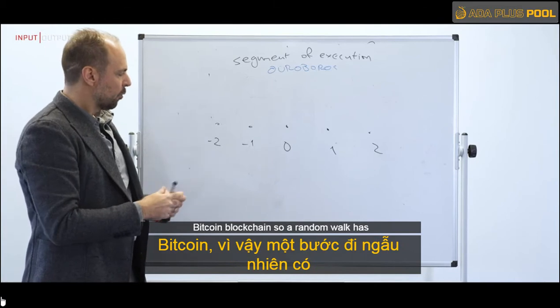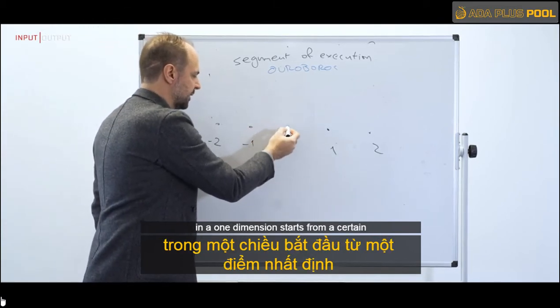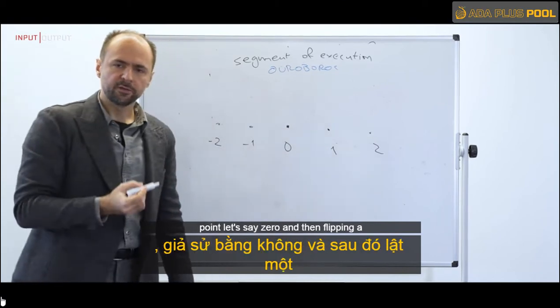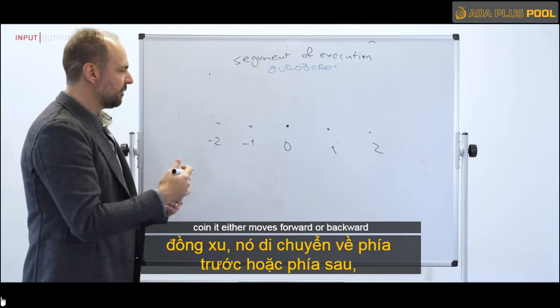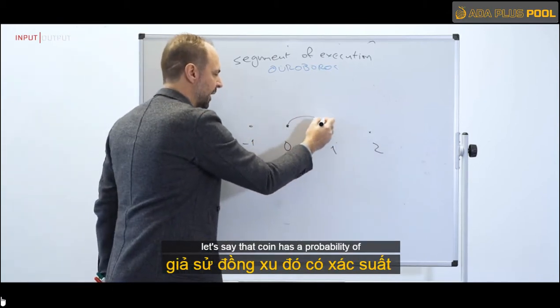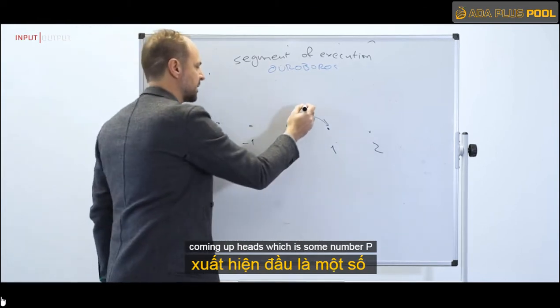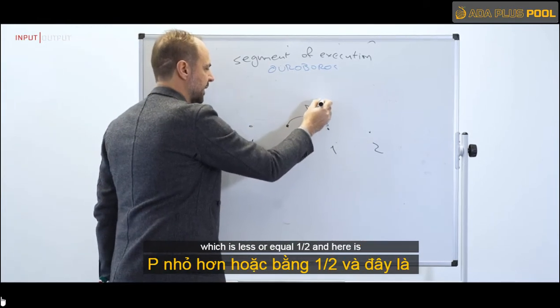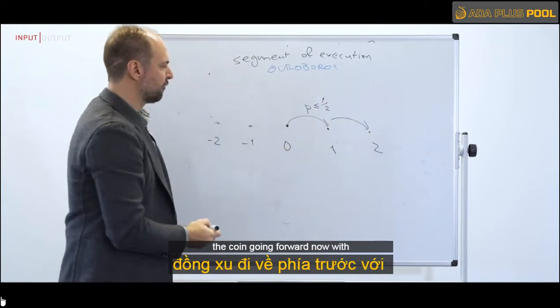So a random walk in one dimension starts from a certain point, let's say 0, and then, flipping a coin, it either moves forward or backward. Let's say that the coin has a probability of coming up heads, which is some number p, which is less than or equal to 1/2, and here is the coin going forward.